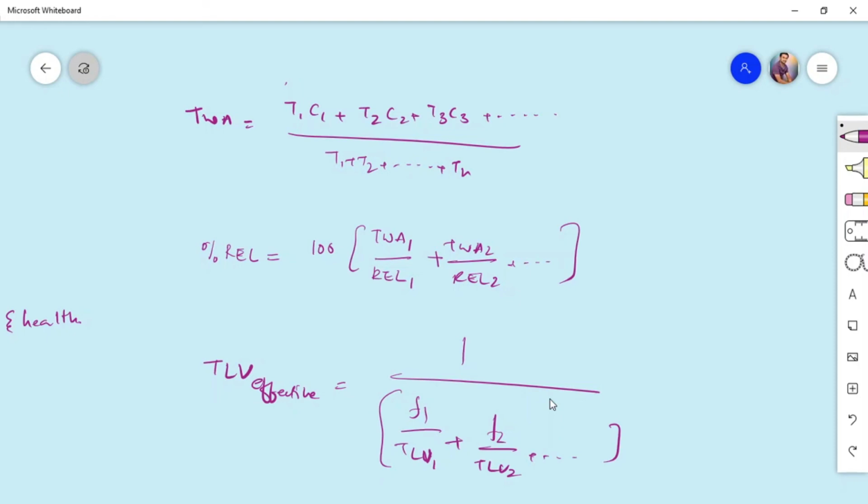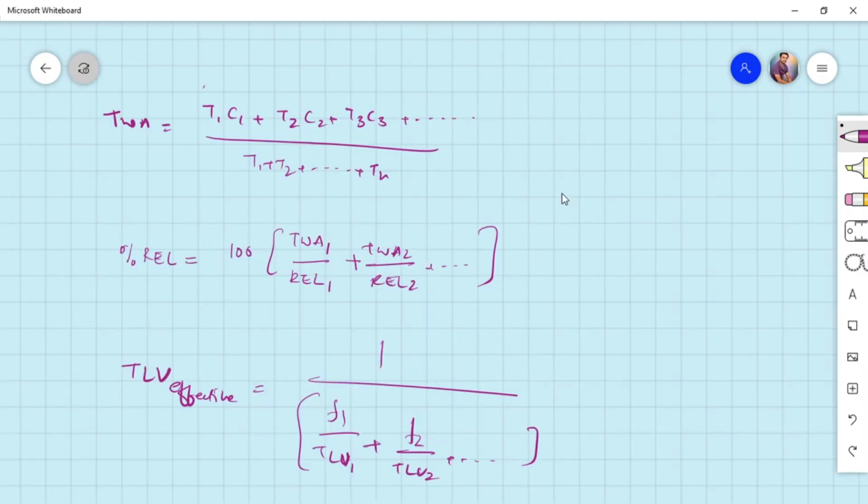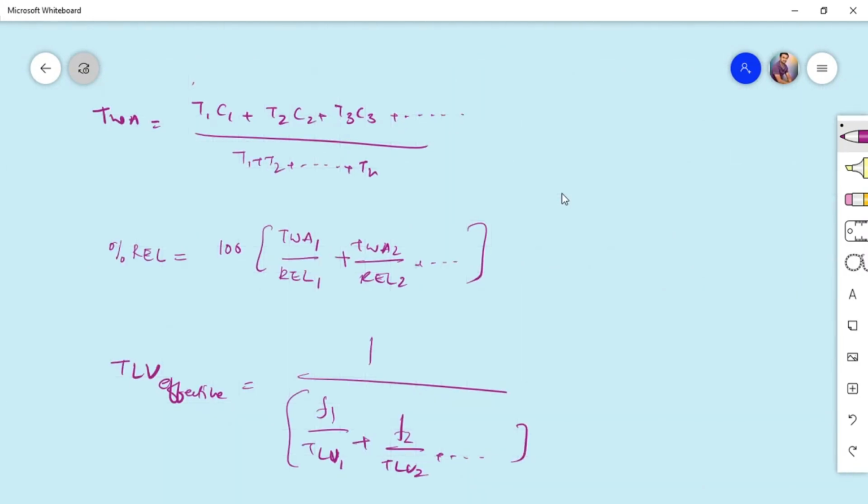The TWA of that particular chemical is already given in the MSDS, so by using those values we calculate the exposure limits. Apart from this we have other formulas. One is for quartz.